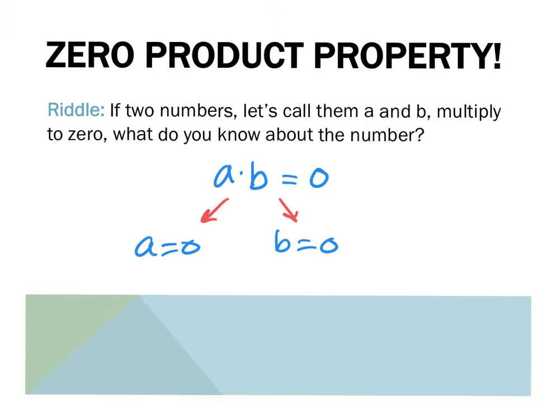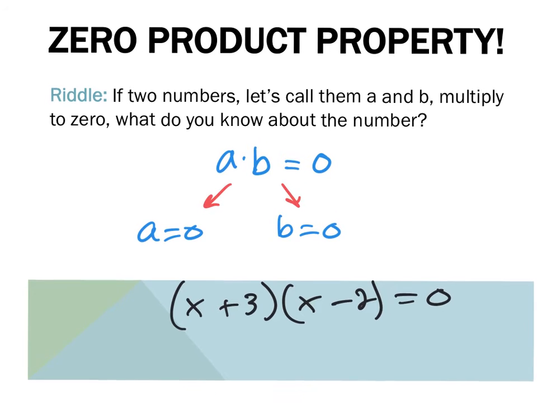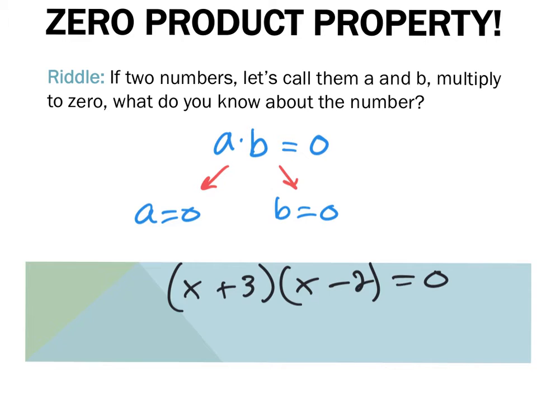So when you're coming up with your factors today, let's say x plus 3 and x minus 2, and you have it equal to 0, then by the zero product property, if these multiplied equal 0, we can set the individual factors equal to 0 and solve.